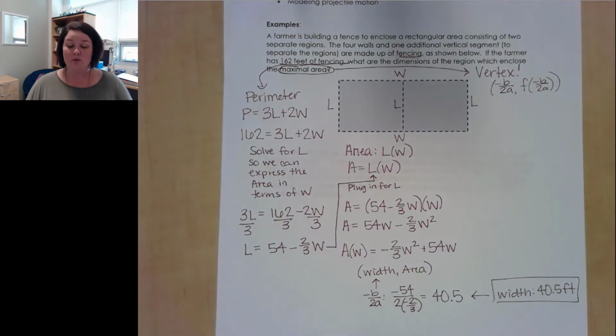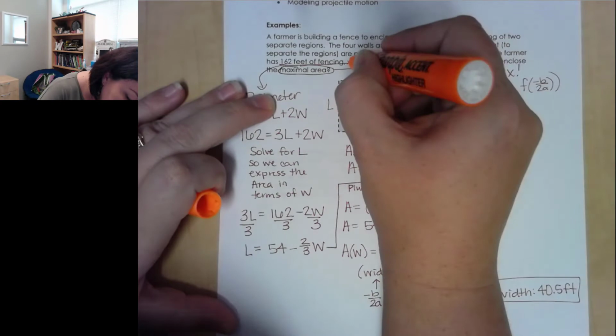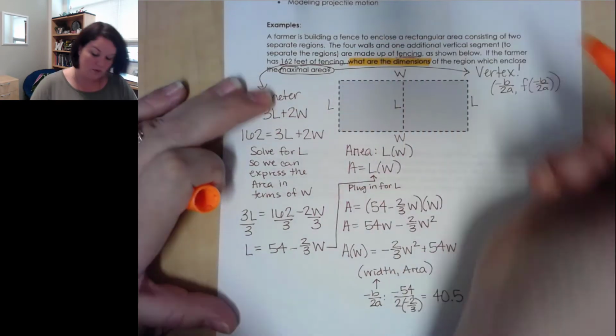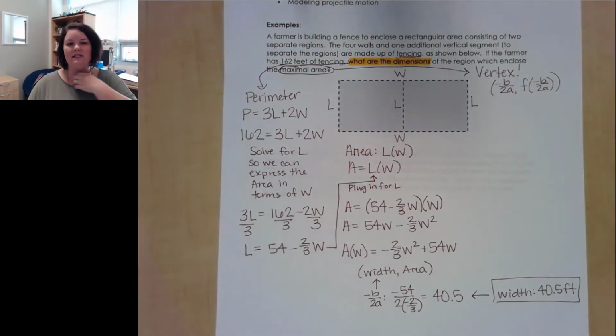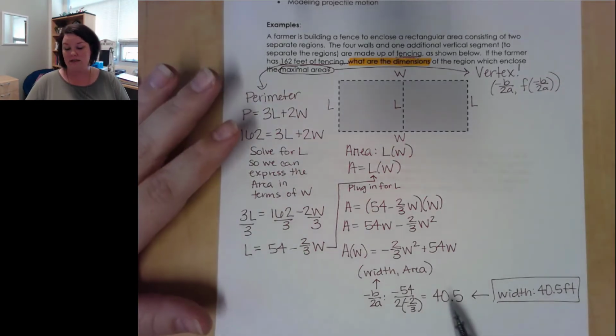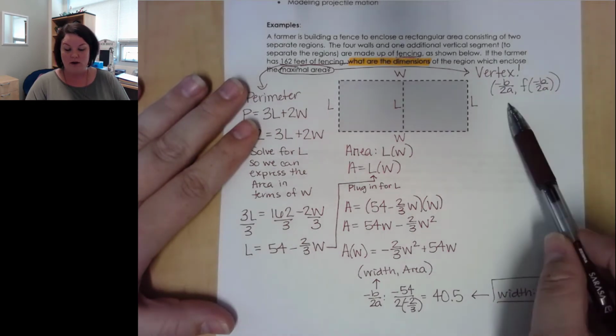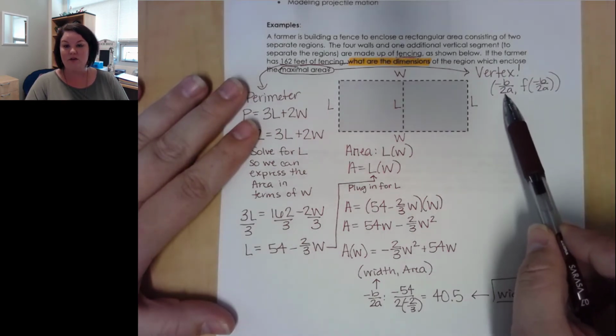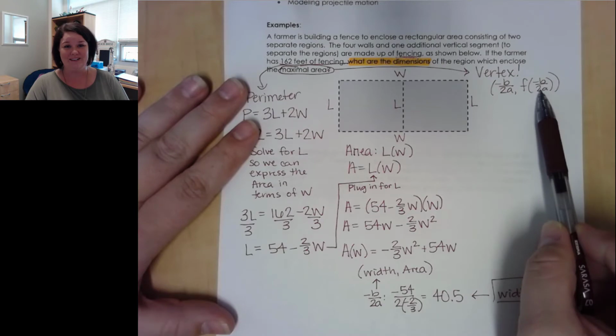Now I need to find the other one, because remember, what we're looking for is the dimensions. So we want to think about where I need to plug this back in so that I find what I'm looking for. A lot of times when we're dealing with our vertex formula, whenever we find that first value, we just plug it back into the function, correct?